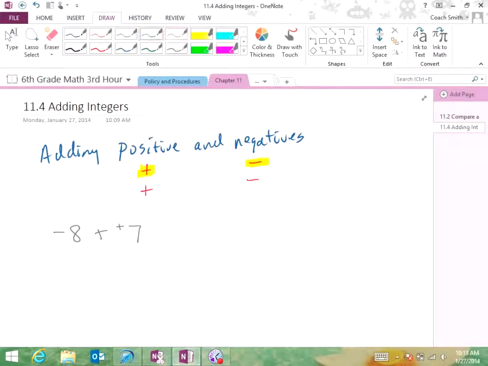It's saying over here I have 7 positives. On the other side, I have 8 negatives. Now, if every positive cancels out a negative, or the other way around, then here's what happens.